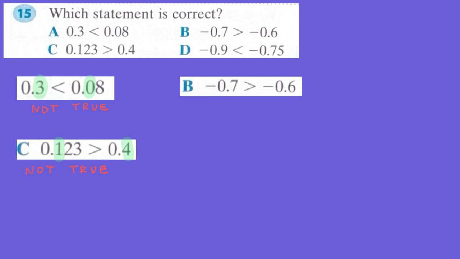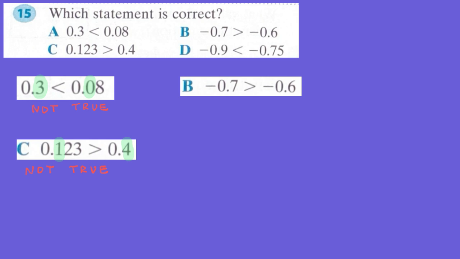Now we're going to look at some numbers that have negative values. If you have a negative value here or a negative value over there, it's not very easy to determine which one is bigger. We can make them both positive. That would be fine. So let's do that.